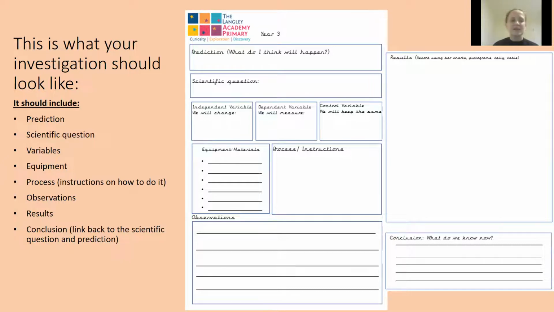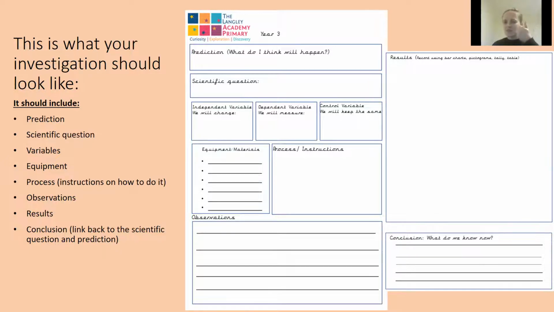If you look on the side, it says that you should include the following things. You should have a prediction. You should have some kind of a scientific question. You've got variables. You've got equipment or the materials that you're going to be using.